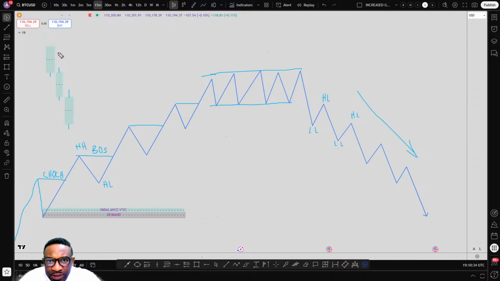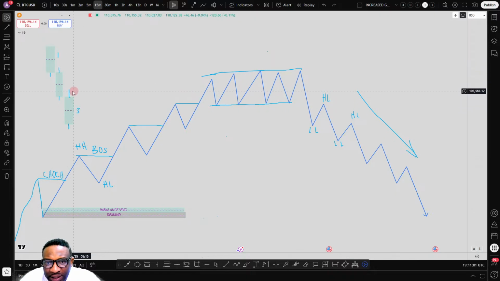So this is an example of a downward trend. So we have the first candle here, second candle, and the third candle. The area that we want to identify is this gap between the first candle, which is this one, and the third candle.